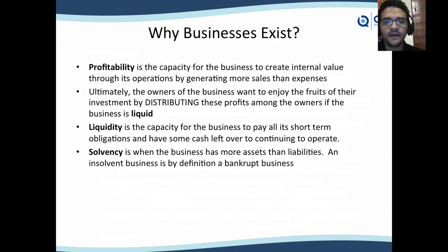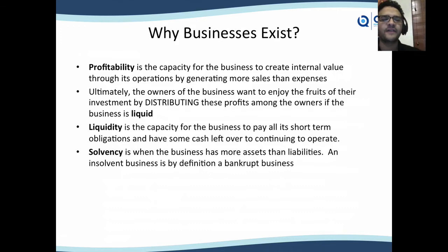You owe more than what you have. Now, it is possible for a company to be insolvent and still be able to operate because for whatever reason they still have some leftover cash that they can pay some short-term interest payments and things like that. But a company that's insolvent for too long, it's very unlikely for it to stay in business.